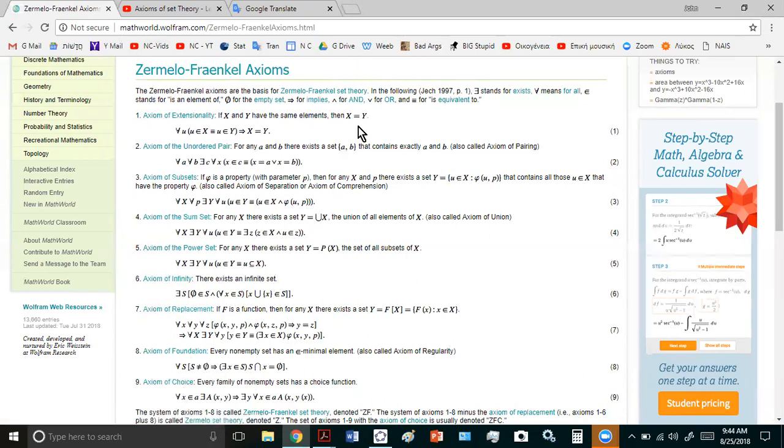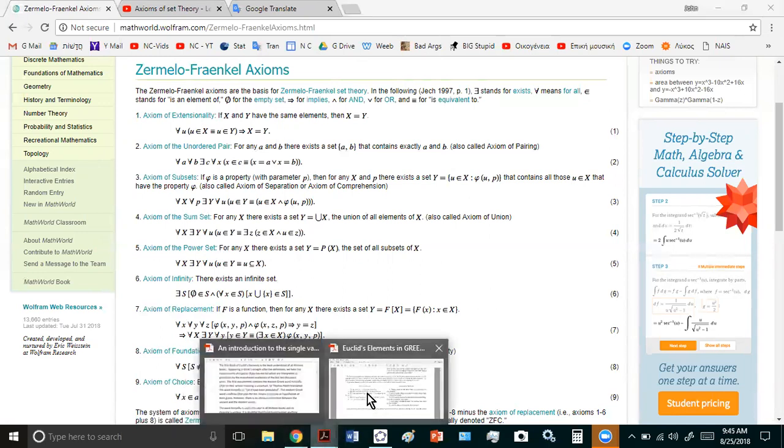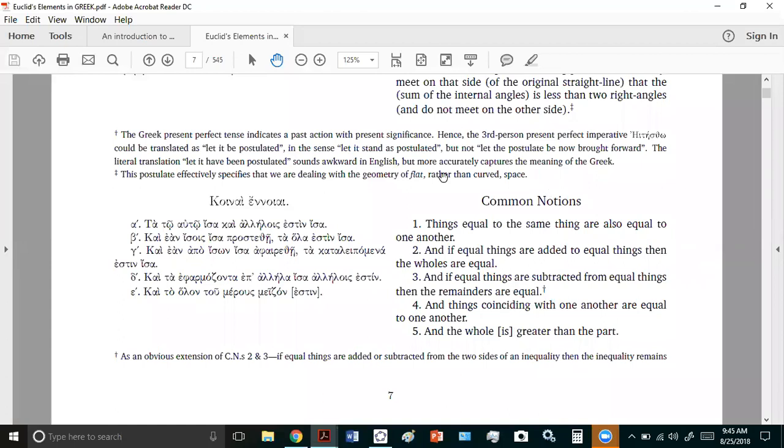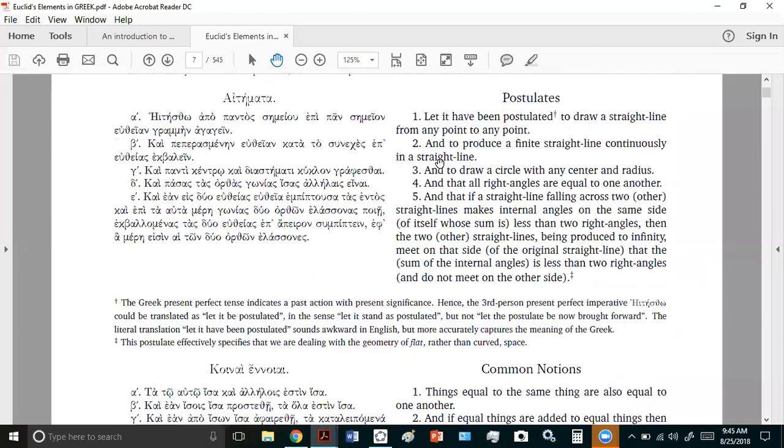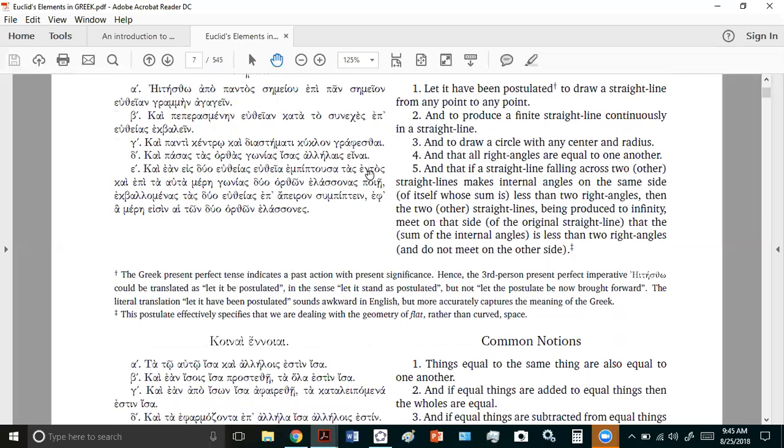Okay, so this is all a whole load of rubbish, which has no place in mathematics, does not replace the sound foundation of Euclid's Elements, which are these common notions, and the way Euclid stated the 5 requirements, which are not postulates, by the way. This Greek word here, aitemata, does not mean postulates. It means claims or requirements, okay?